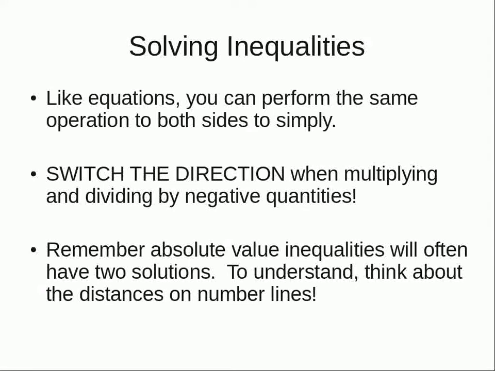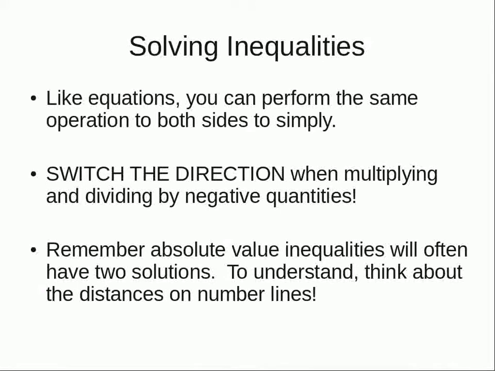There is one caveat, one warning. When you multiply or divide by a negative quantity, make sure to switch the direction. That's the main gotcha regarding inequalities. What do I mean by switching the direction?